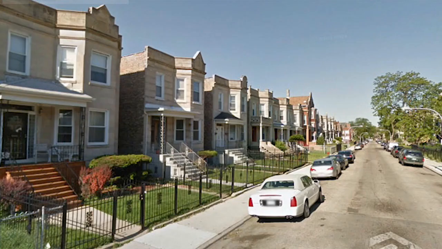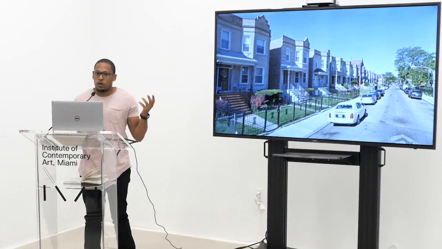This is another example of those very gorgeous homes that you might find within these neighborhoods on the west side of Chicago. These are what we call graystones, not to be confused with New York's brownstones. For us, the limestone is very important. These are homes that you find on the west side of Chicago and the north side of Chicago, and some on the south side.